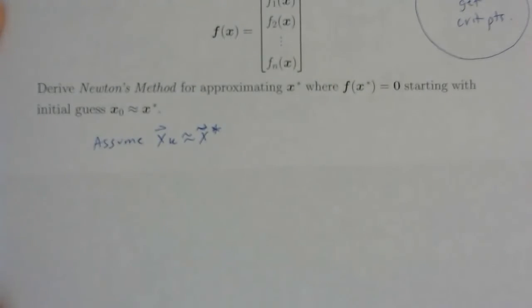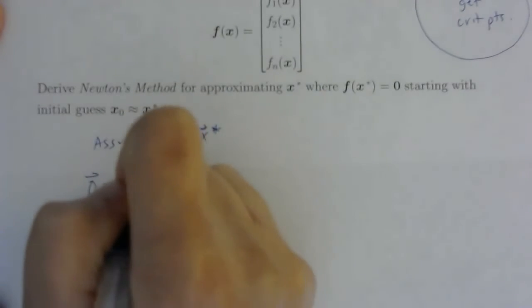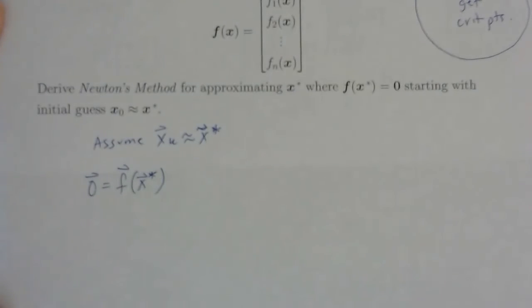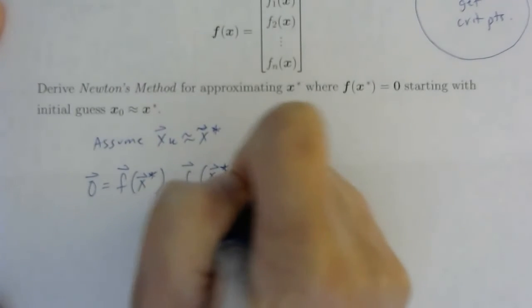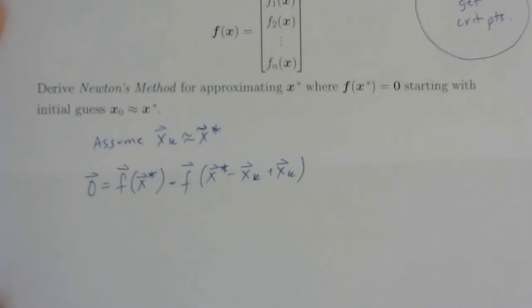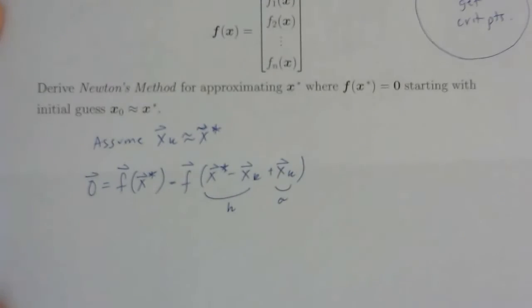And now these are both vectors. So I know that 0 is f of x star. Gotta write all these arrows this time. And I, of course, can add and subtract xk, right? So this is x star minus xk plus xk. Fine. But then I can think of xk as the point I'm iterating around, and x star minus xk, since it's small, as h.